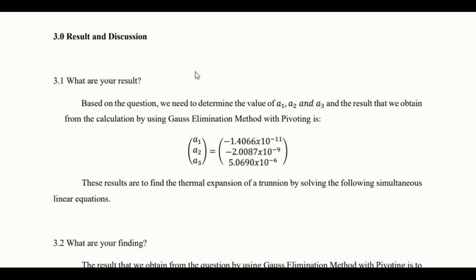For A2, negative 2.0087 times 10 to the power of negative 9, and A3 is equal to 5.0690 times 10 to the power of negative 6. Both methods give this answer.